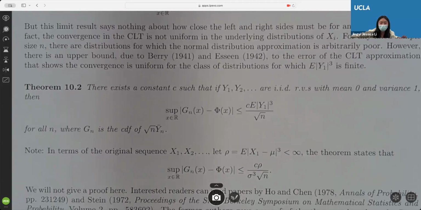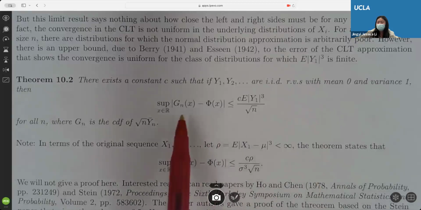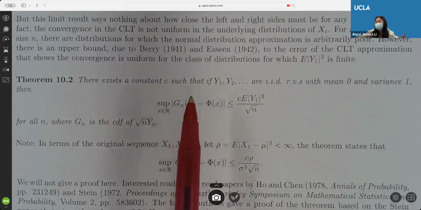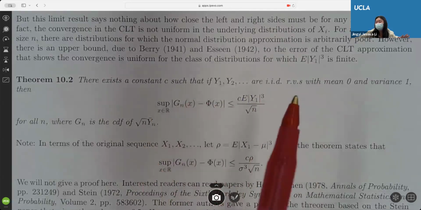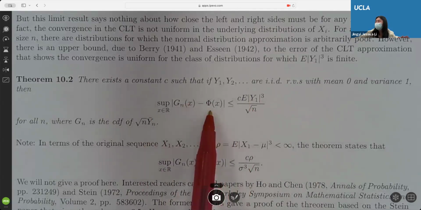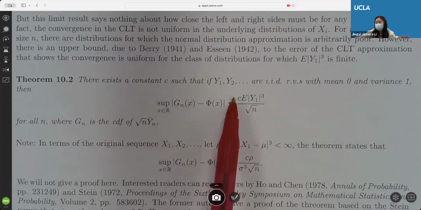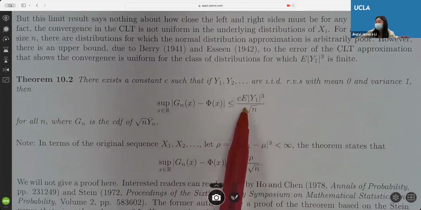There exists a constant C such that, if y1, y2, and so on are IID random variables with mean 0 and variance 1, then the sup of the difference between the actual CDF of Tn, the scaled root n times y bar n, and the limiting standard normal CDF is upper bounded by this expression.